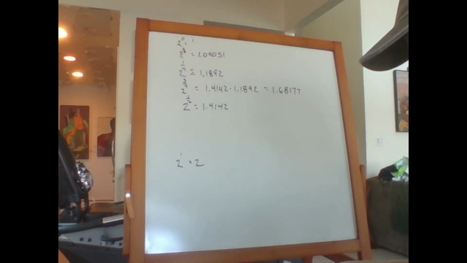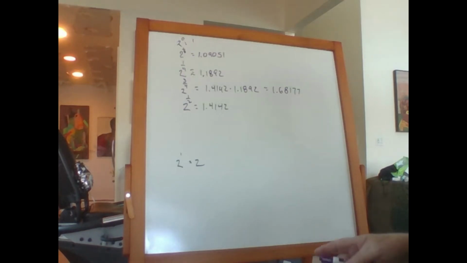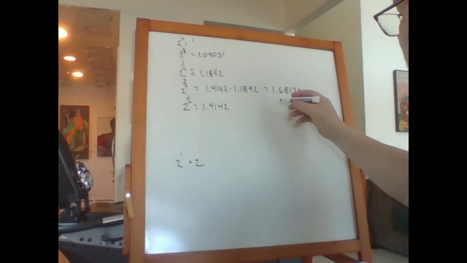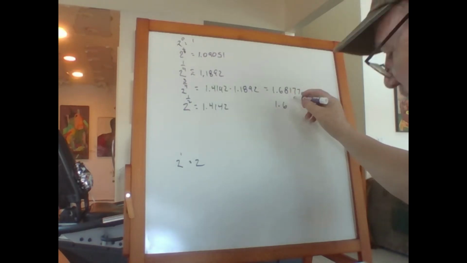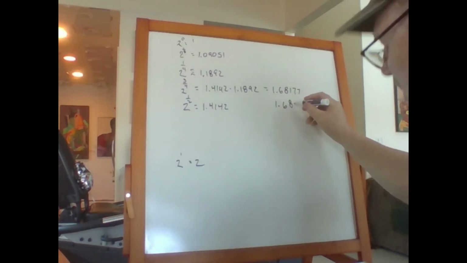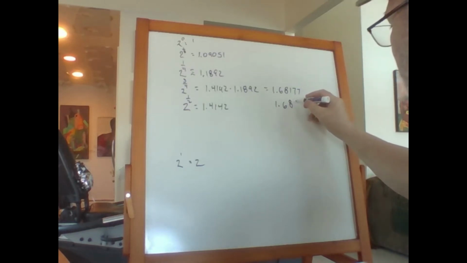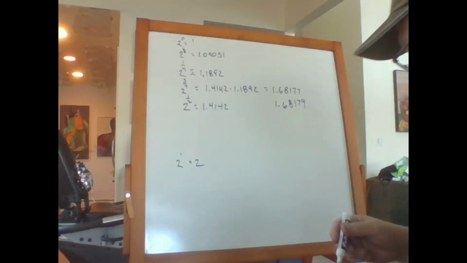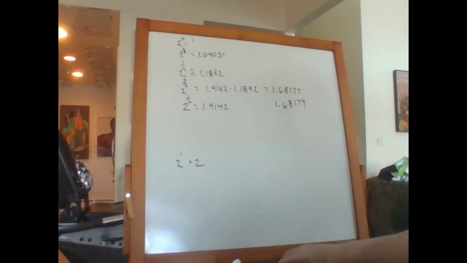So 2 raised to 0.75 is 1.68179. So 1, 2, 3, 4 decimal places were about right. We're a little off, but not much.